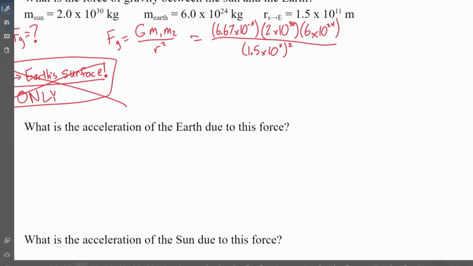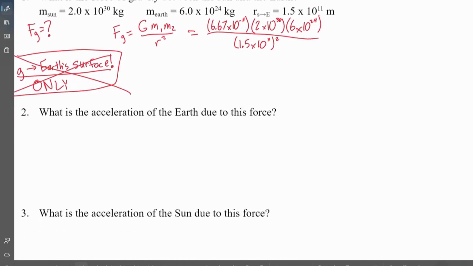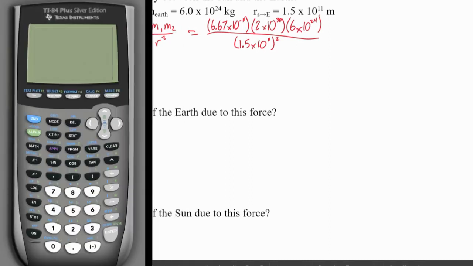Okay, so there's our equation there. All that's left for us to do is plug it into the calculator. So on our calculator, you could do something like 6.67 times 10 to the negative 11. You could type that, but that's a lot of work, right?